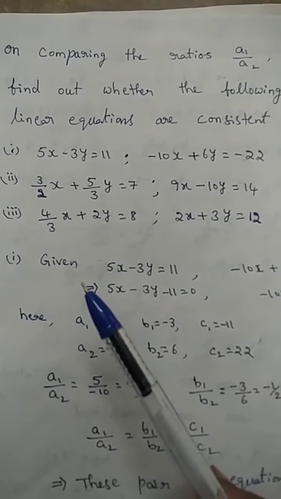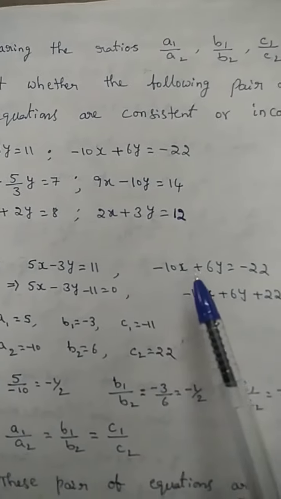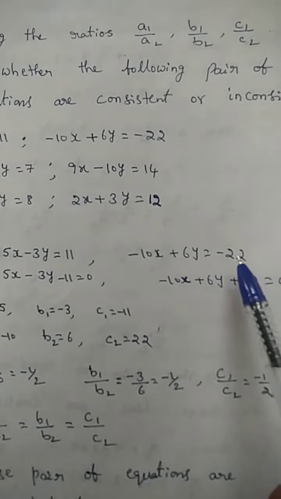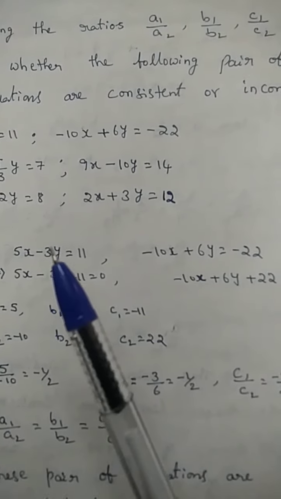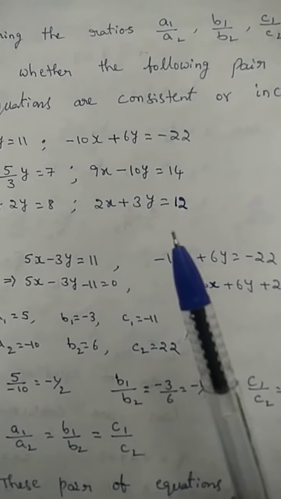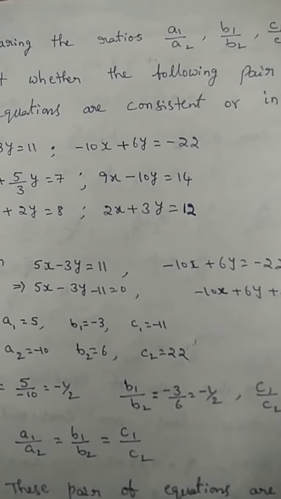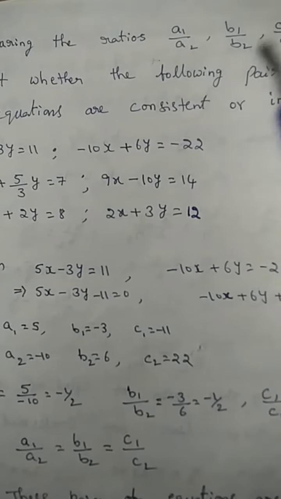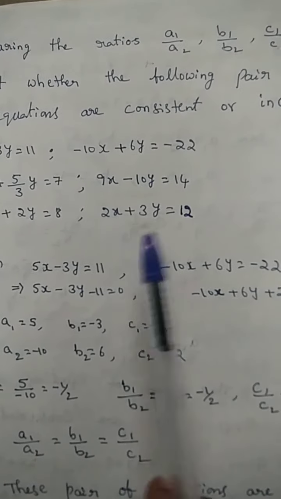We'll prove it here. Now the first question: 5x minus 3y is equal to 11, minus 10x plus 6y is equal to minus 22. The general form of a pair of linear equations is ax plus by plus c is equal to 0. On the right-hand side we need the value 0, so any other number has to be transposed to the left side.